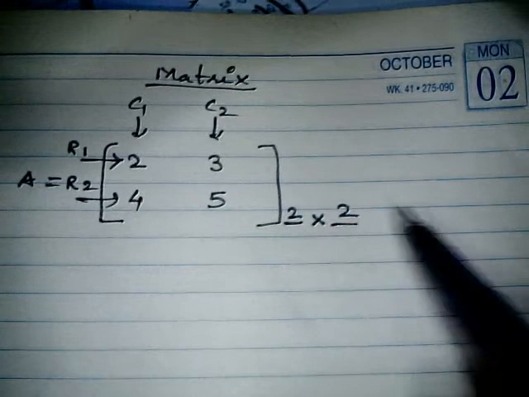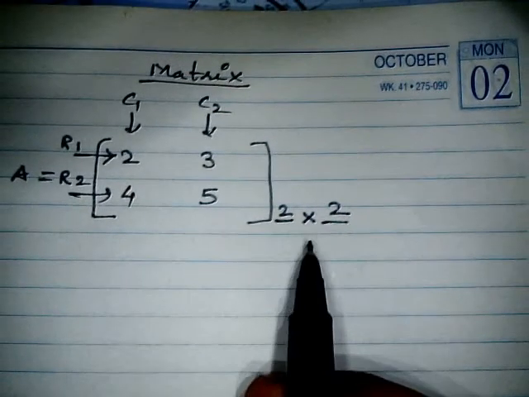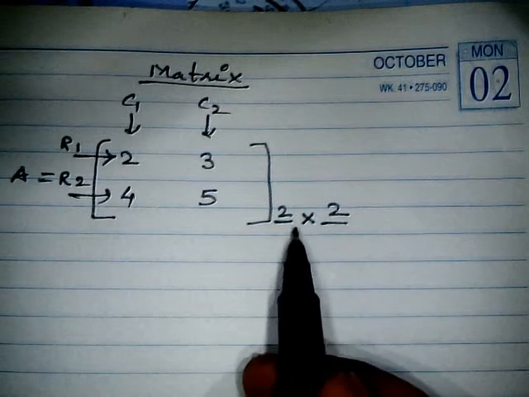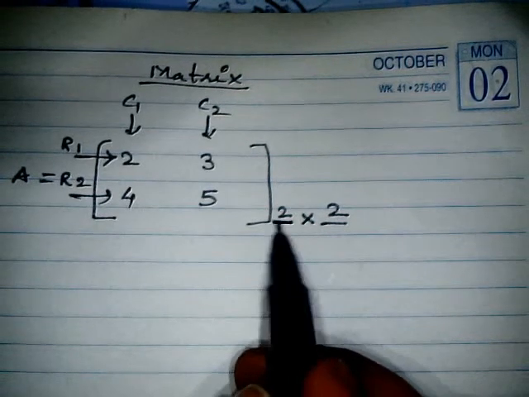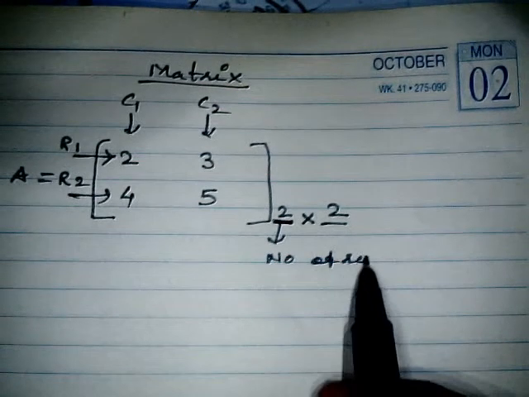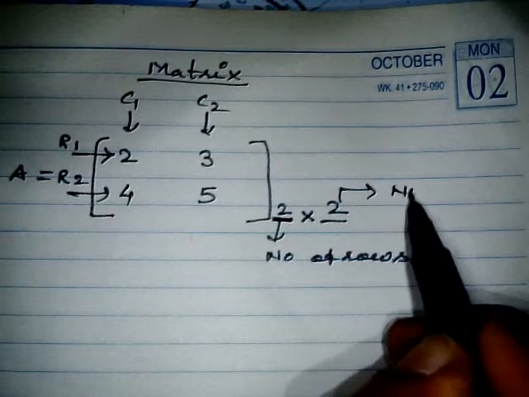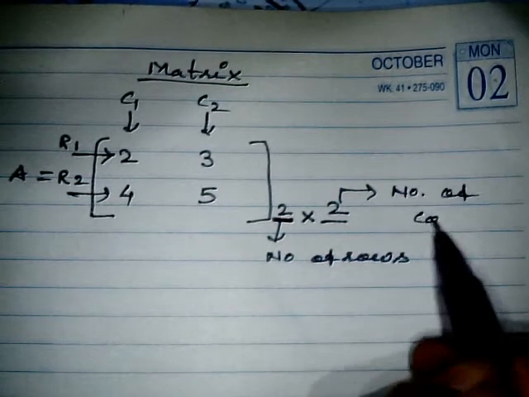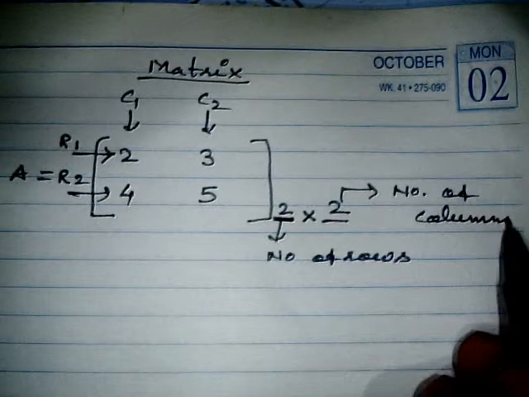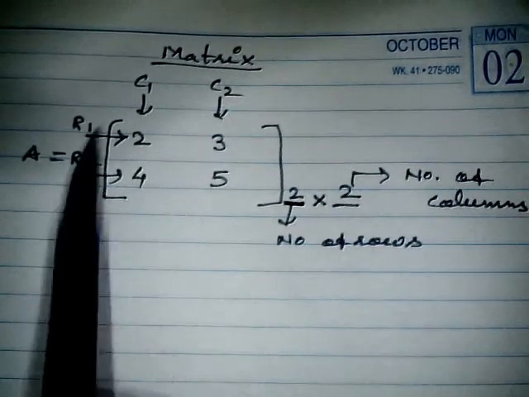So this matrix is 2 by 2 order. First always represents the number of rows, and second always represents the number of columns.